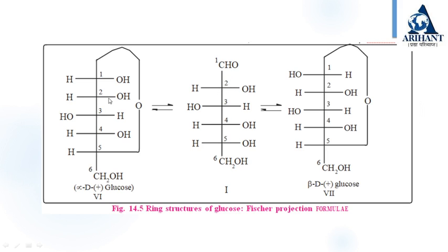The second carbon remains the same, HOH. The third also remains the same, OHH. The fourth carbon also remains the same, HOH. And on the fifth, only the H group is attached, as this O is used in the ring process, and the H group is consumed by the double bond O group. CH2OH remains the same. So you will get alpha-D-plus-glucose. Alpha represents that the OH is on the right hand side.